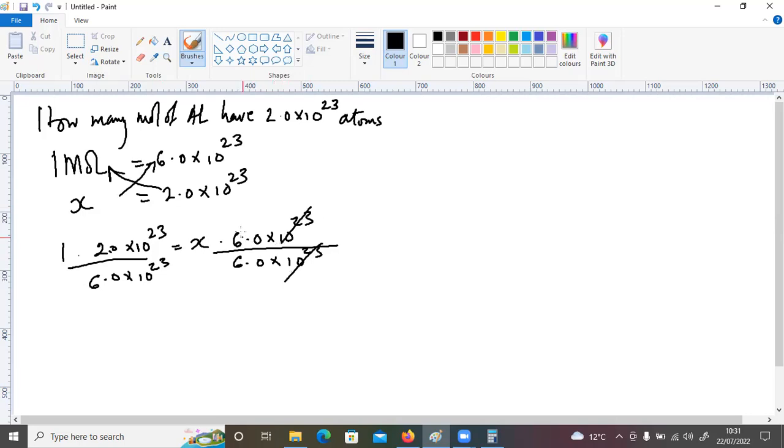So that one goes. I divide, the 10 to power 23 goes. So I'm left with x is equal to 1 over 3, which is equal to 0.33 mole. Okay, those are the number of moles which will contain 2.0 times 10 to power 23, right?